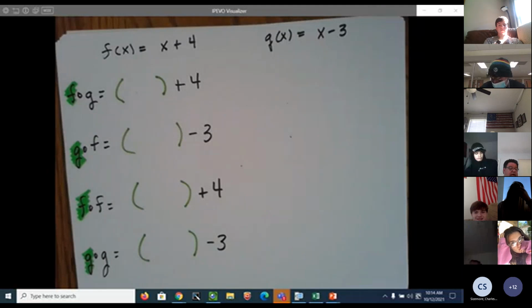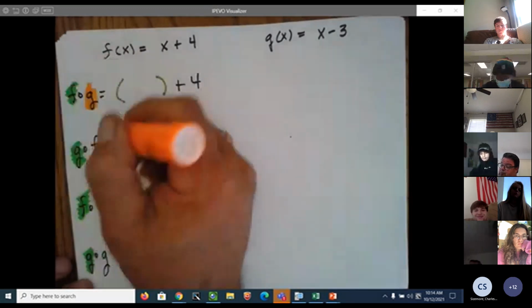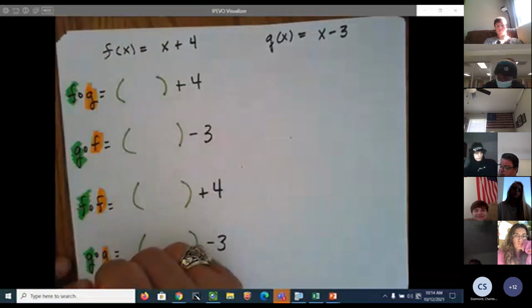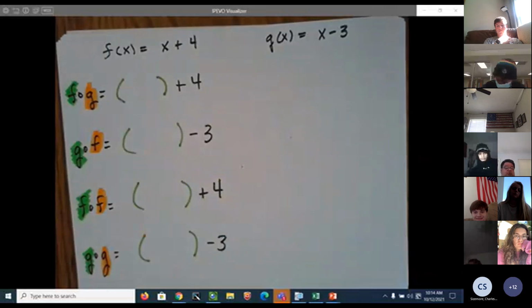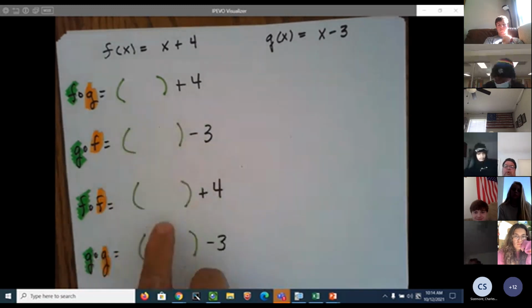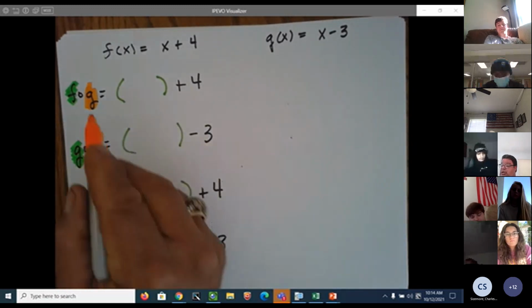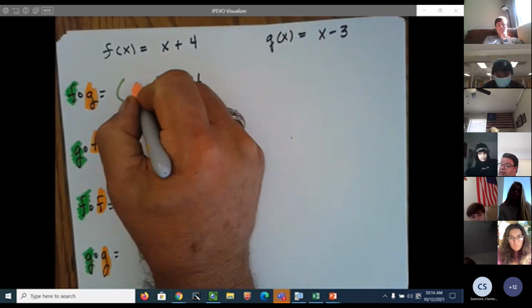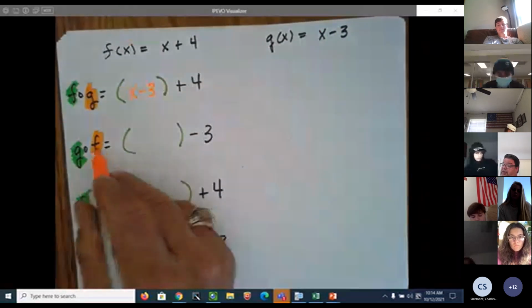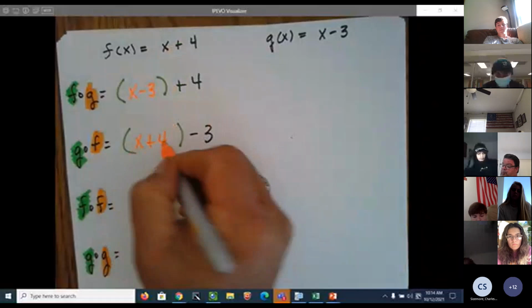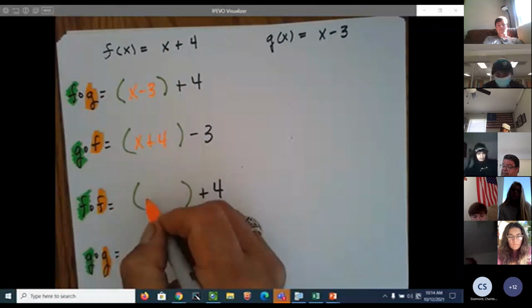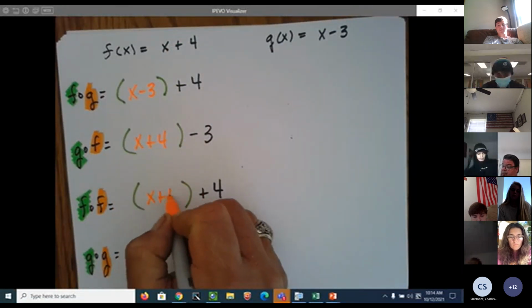Now I want you to take an orange highlighter or another color highlighter. I want you to highlight the second letter. And that means you're going to take whatever that is and substitute it into your equation. So g is x minus 3. f is x plus 4. f is x plus 4.